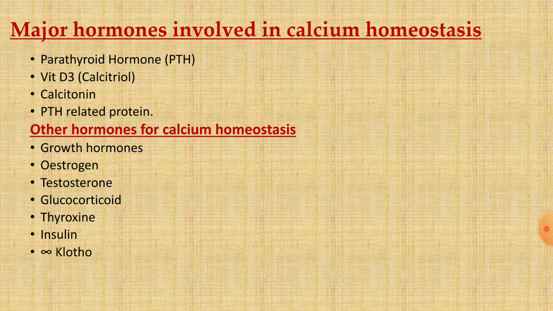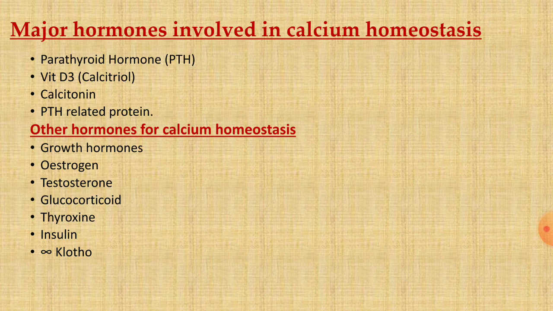But there are certain other hormones which also take part in regulation of blood calcium level, though their major function is not the regulation of blood calcium level. These are growth hormone, different gonadal hormones like estrogen, testosterone, glucocorticoid, thyroxine, insulin and a recent molecule called alpha klotho, which are mostly derived from fibroblasts of the body and maintain optimum blood calcium level.